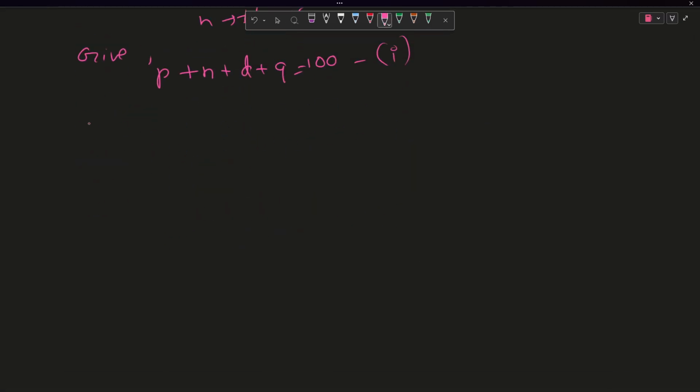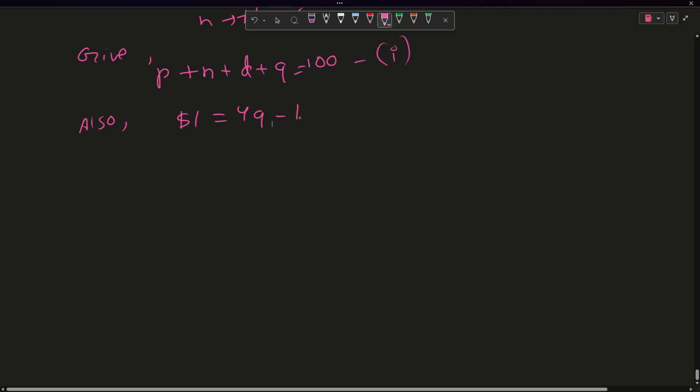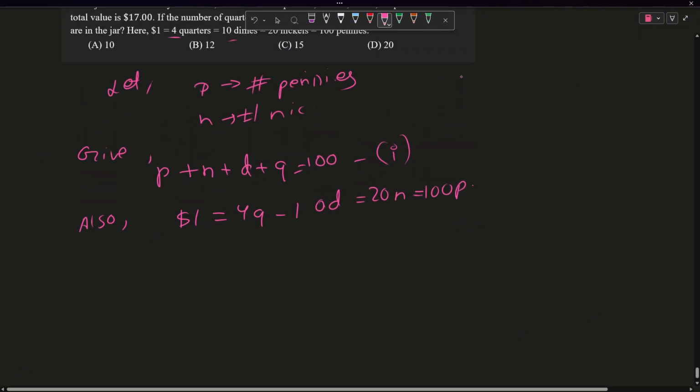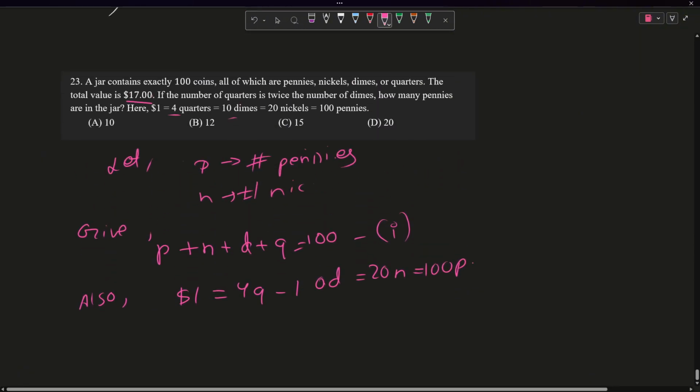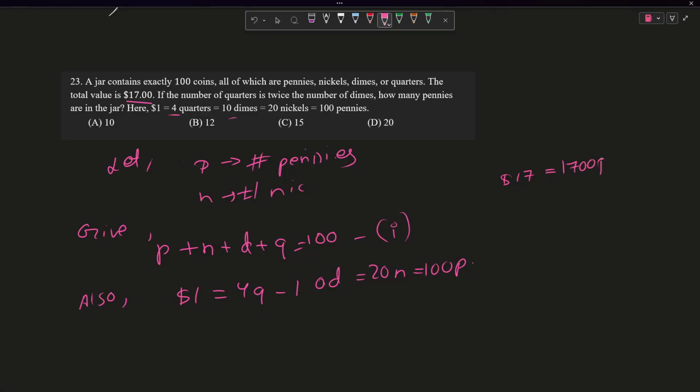Also, we have $1 is equal to 4 quarters is equal to 10 dimes is equal to 20 nickels is equal to 100 pennies. Now we have given the total value is $17, which is just 1700 pennies.